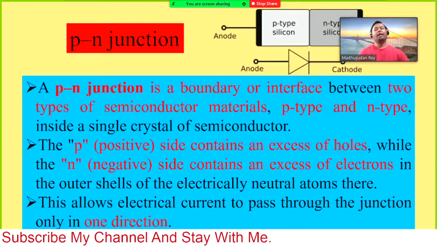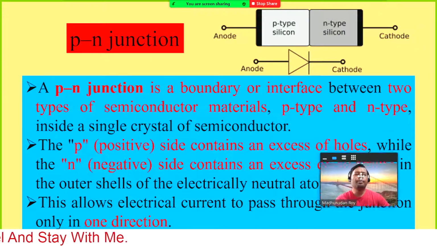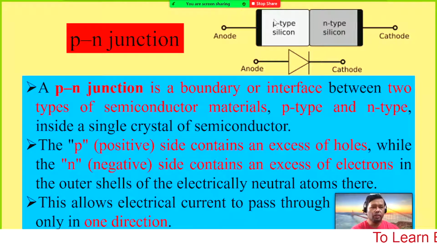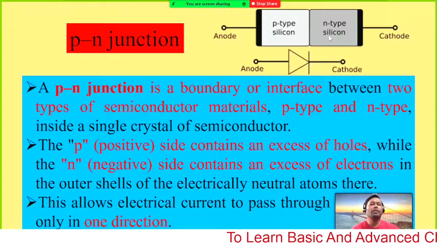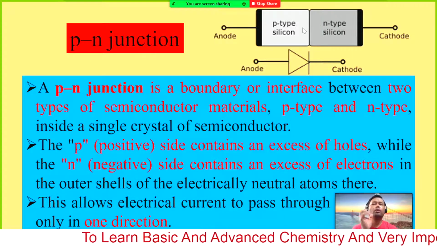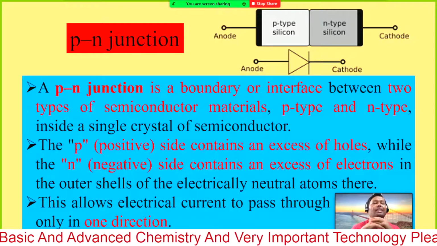So now we will learn about the p-n junction. What is a p-n junction? We have learned about the p-type semiconductor and n-type semiconductor. If we attach a p-type semiconductor and an n-type semiconductor together, we can have a junction.